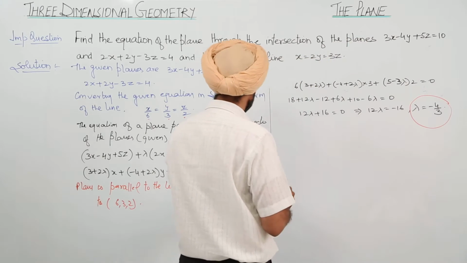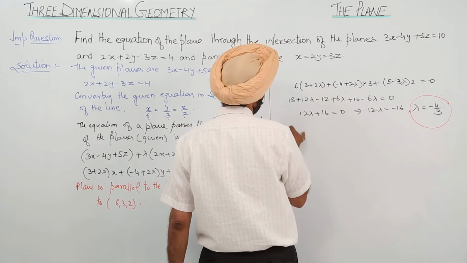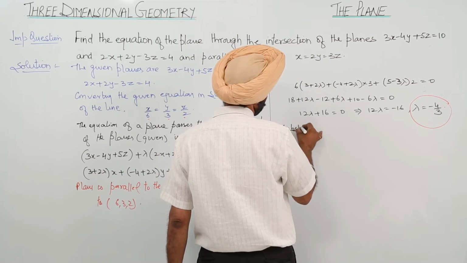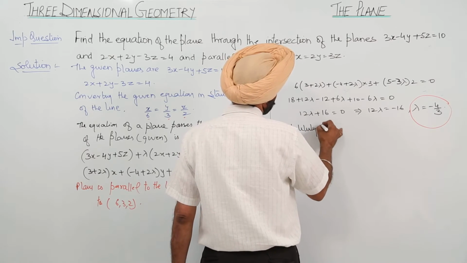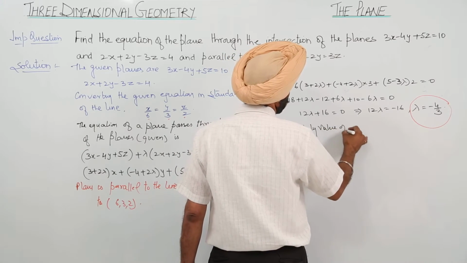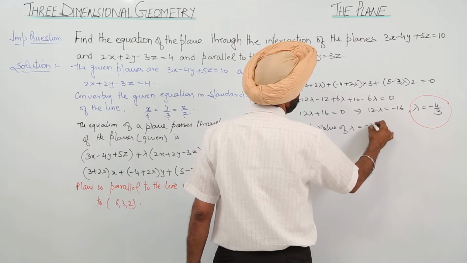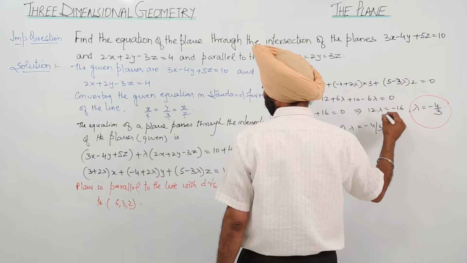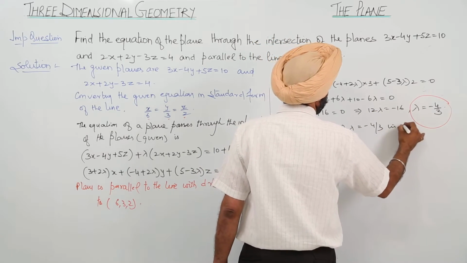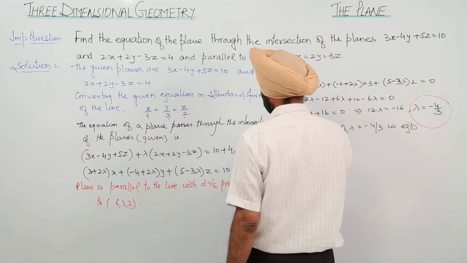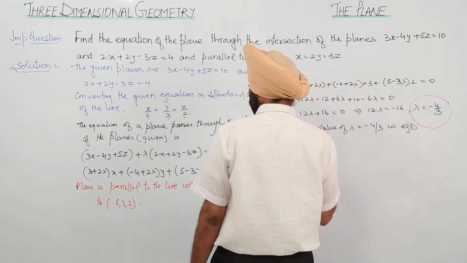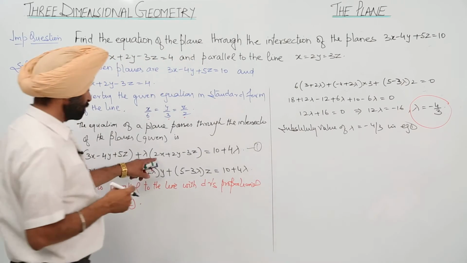Now substituting the value of lambda equal to minus 4 by 3 in equation 1. This was equation 1.